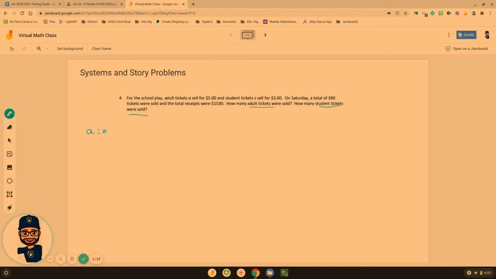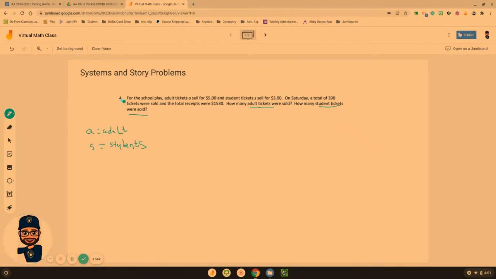A is going to represent the adult tickets, at least that's what it says in the story problem, and S is going to represent students. Then we use the information in the problem to come up with two different equations that'll help us solve.